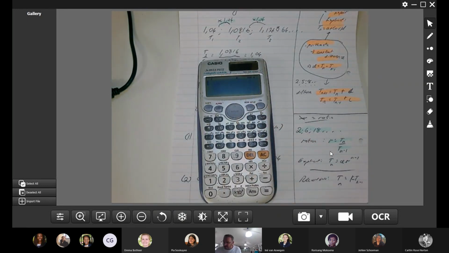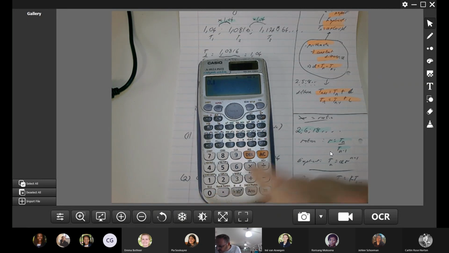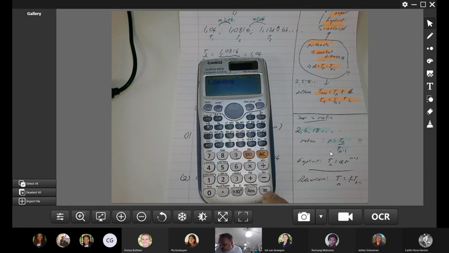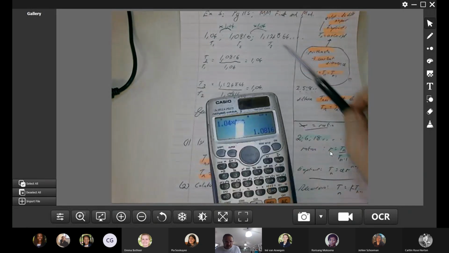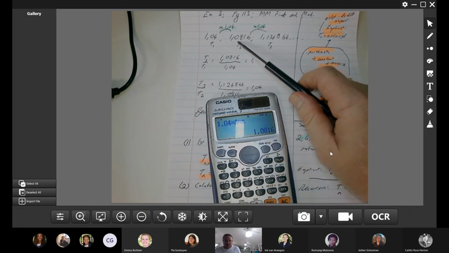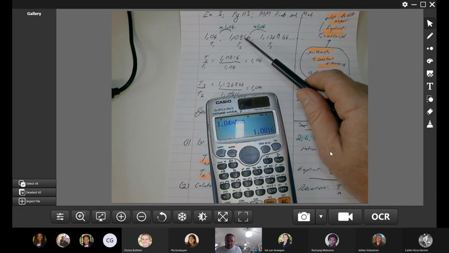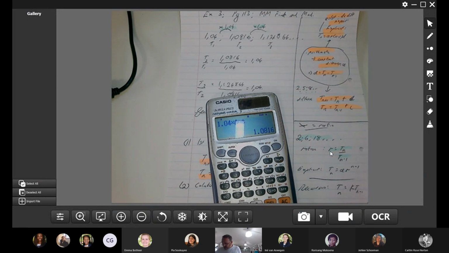But now you clear your screen. The ratio was the same, 1,04, so you go 1,04 times your term before, and then you press equals. Always check that you're getting it right. So that's 1,0816.